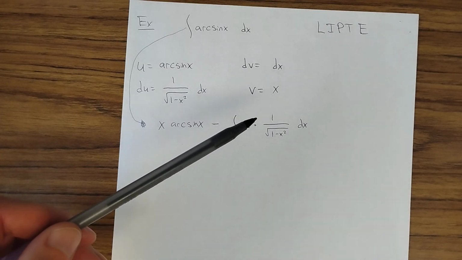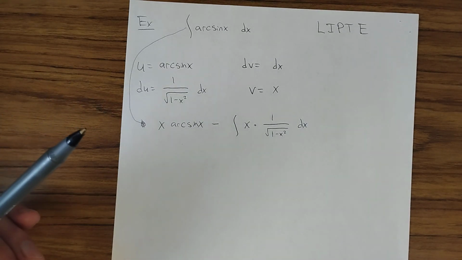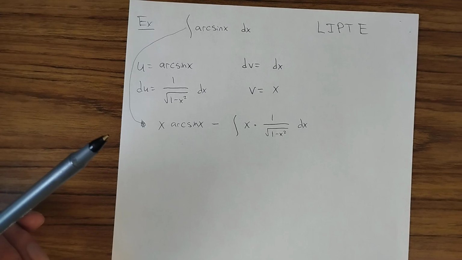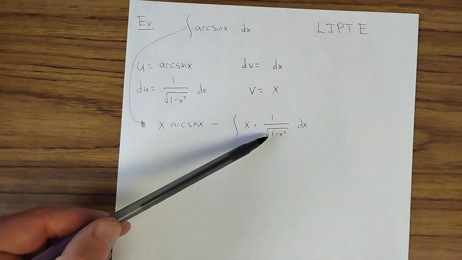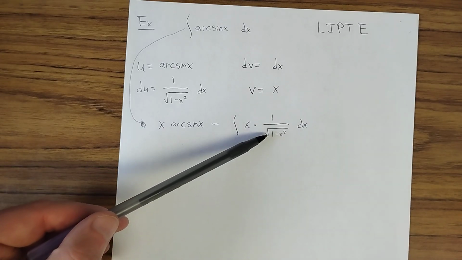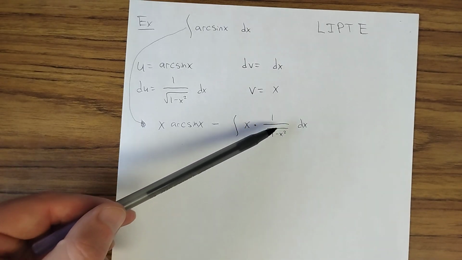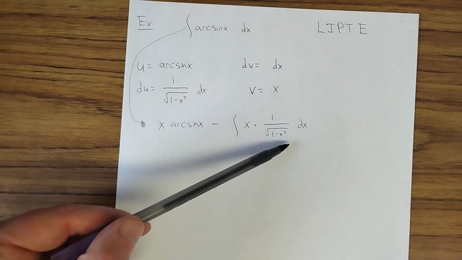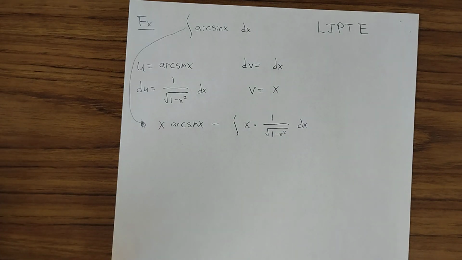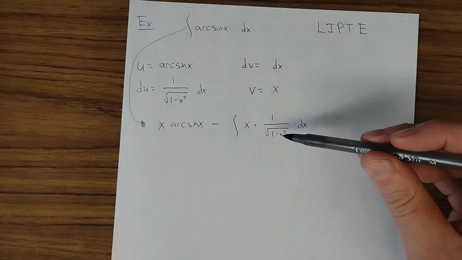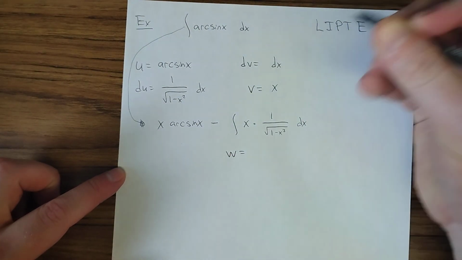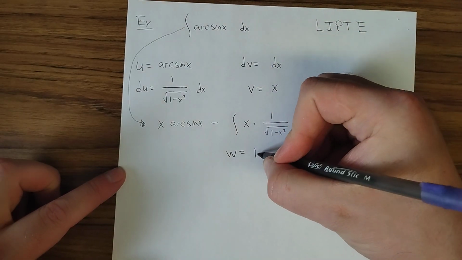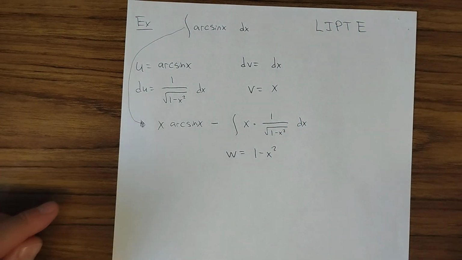I have to look at this and figure out how to integrate it, and it's not on the list. But one thing that jumps out at me is maybe substitution, because I do see a composite function. I see the square root of not just x, but of 1 minus x squared. And so if I'm thinking substitution, I would let w be 1 minus x squared.